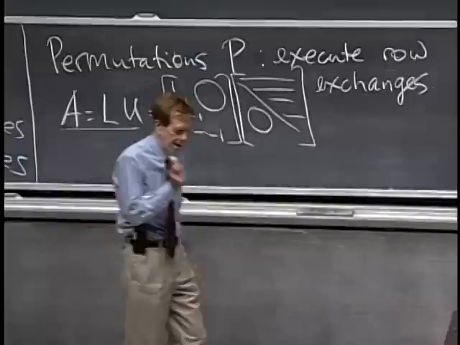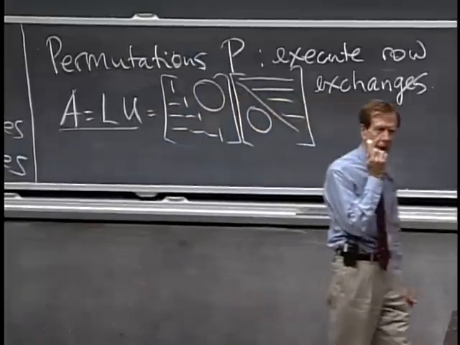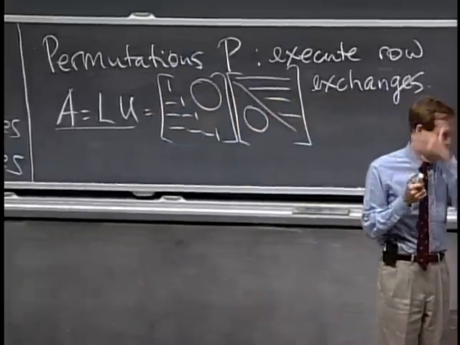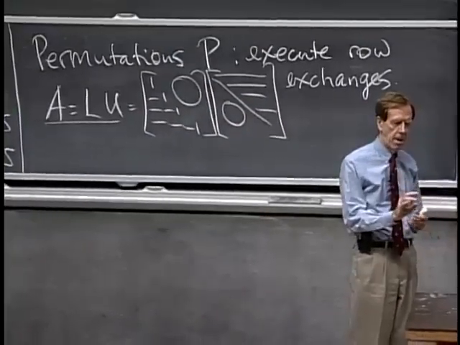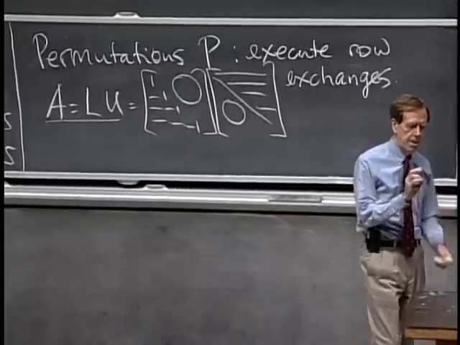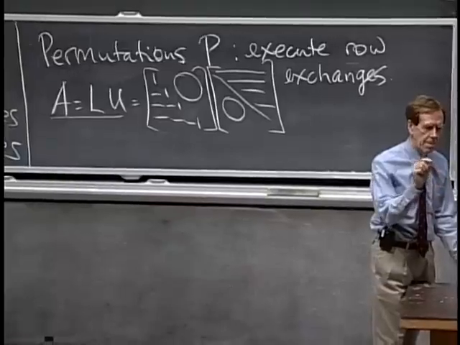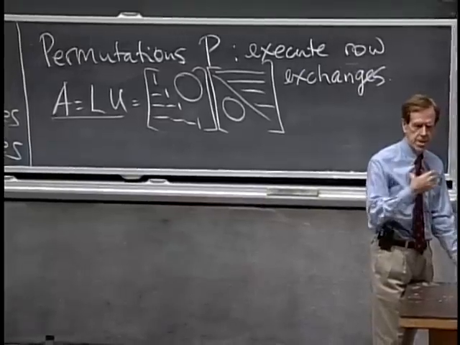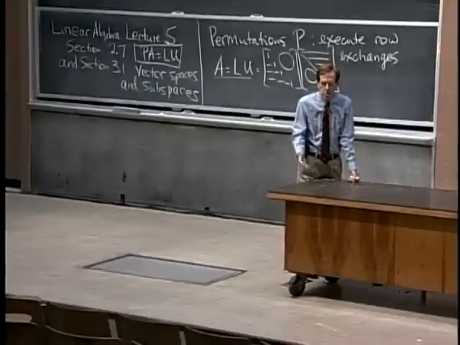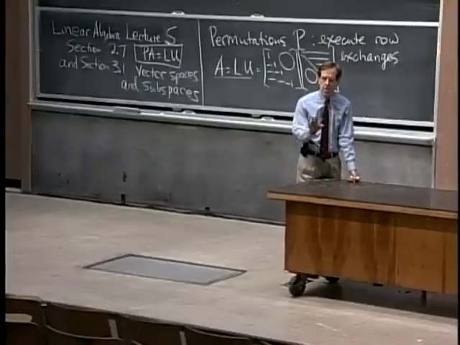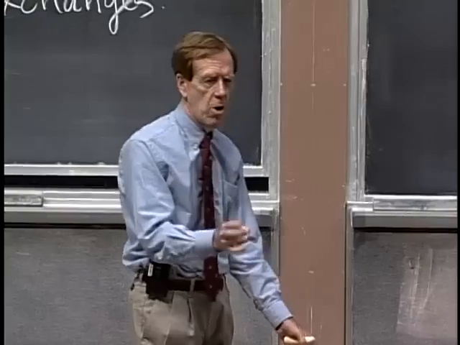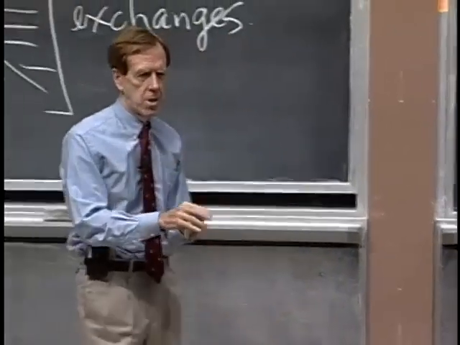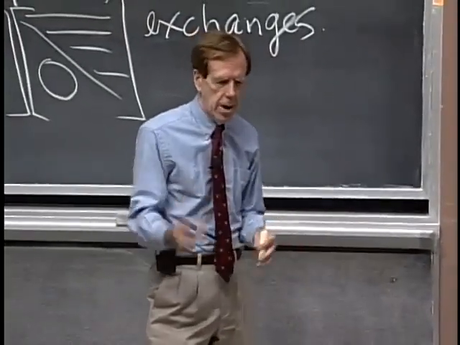Maybe I'll just add a little moment of reality, too, about how MATLAB actually does elimination. MATLAB not only checks whether that pivot is not 0, as every human would do, it checks, is that pivot big enough? Because it doesn't like very, very small pivots. Pivots close to 0 are numerically bad.